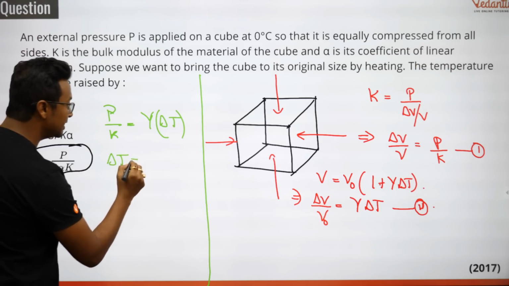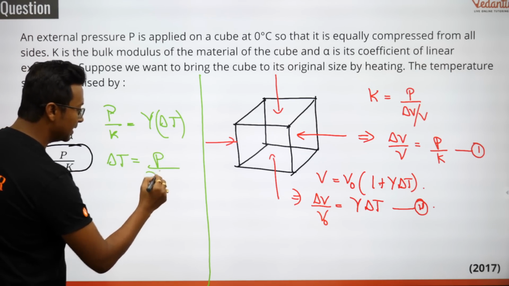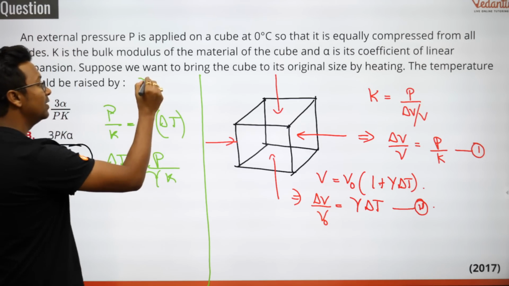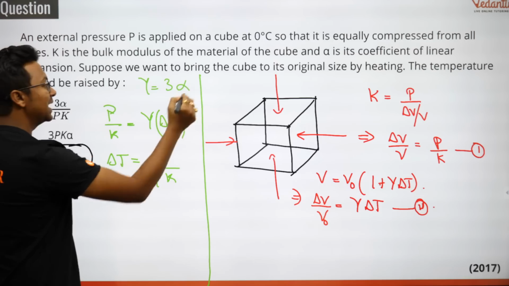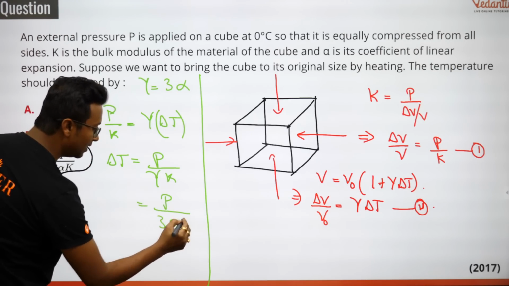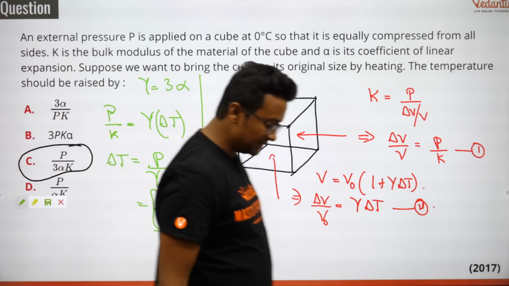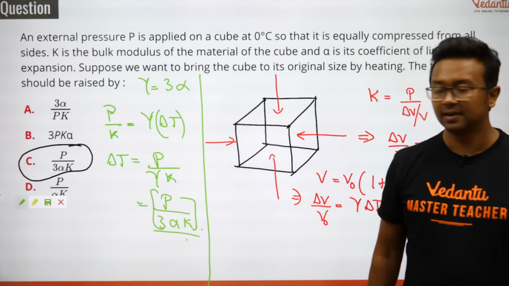So delta T is going to be equal to P divided by gamma into K. We know gamma is equal to 3 times alpha. So P divided by 3 alpha into K. This is the answer.